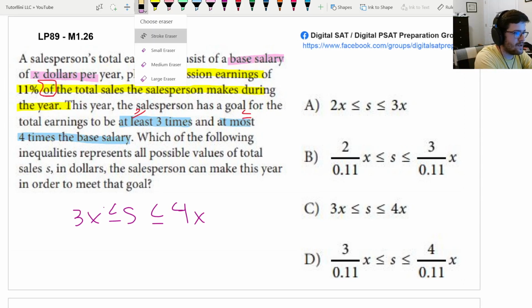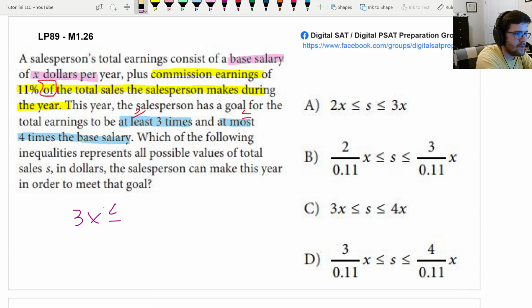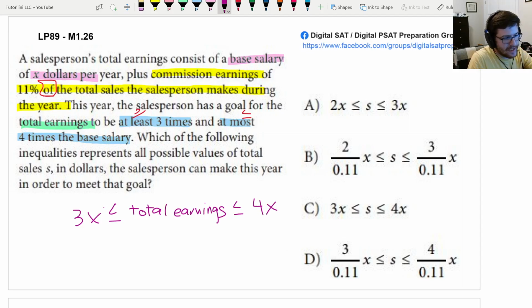So, first things first, the first thing I did wrong is that S is the sales, but really this thing in the middle, do you see how it says here, is the total earnings. So I'm going to write total earnings. Okay, now we just need to come up with an expression for total earnings, and then we're basically in business.